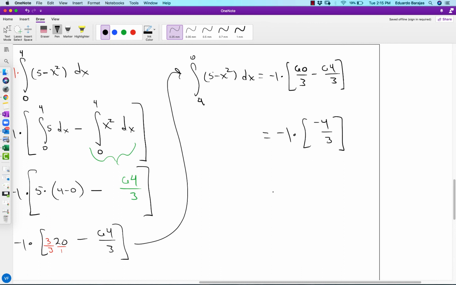And so now the whole thing becomes +4 thirds. Right? So the integral from 4 to 0 of 5 minus x squared dx becomes +4 thirds.